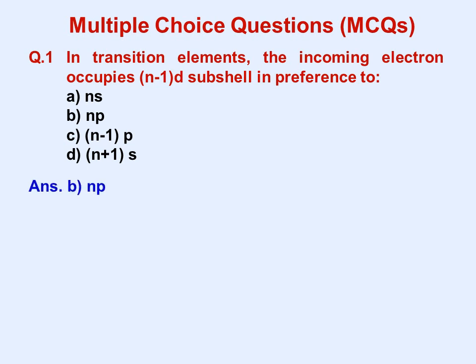So the answer will be np, because after filling of the ns subshell, the filling of the np subshell is expected. But in that place, the penultimate d subshell of the same quantum number is going to be filled. So the answer will be np.